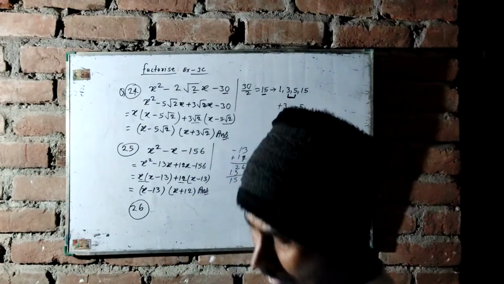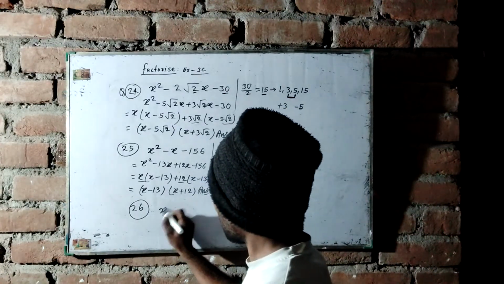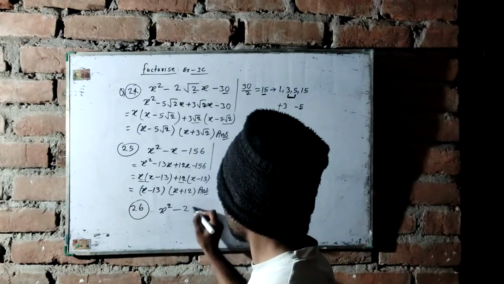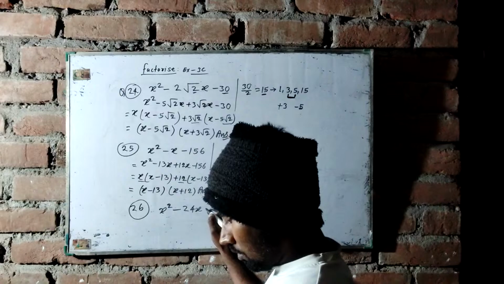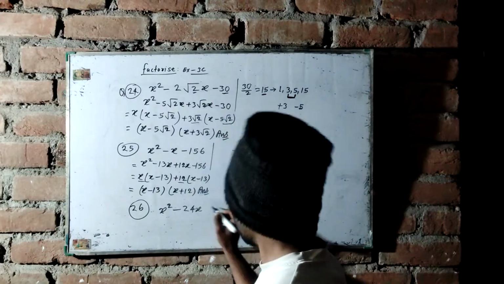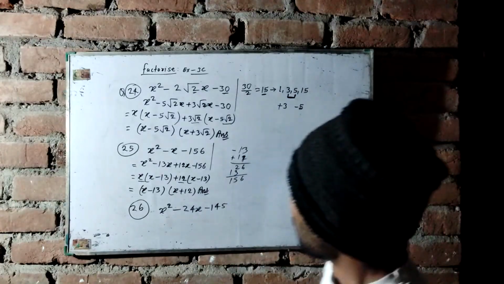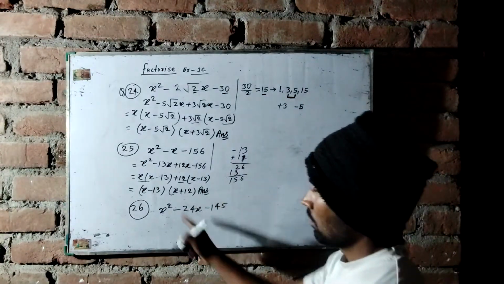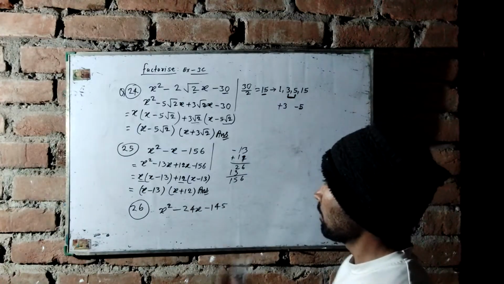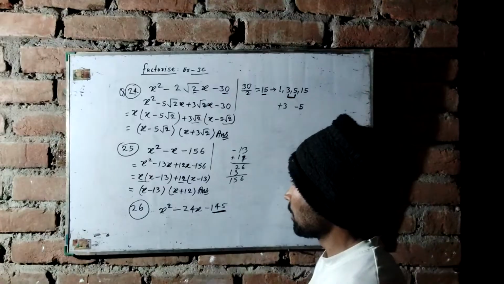Question number 26. X squared minus 24x minus 145. For solving this polynomial, first of all we have to find all factors of this constant number.